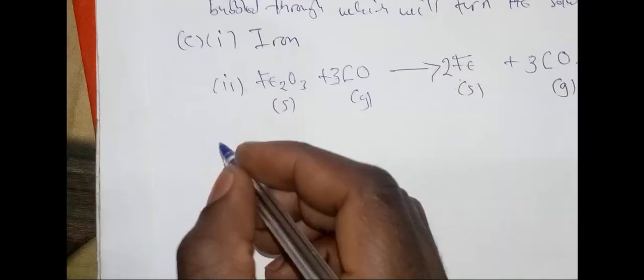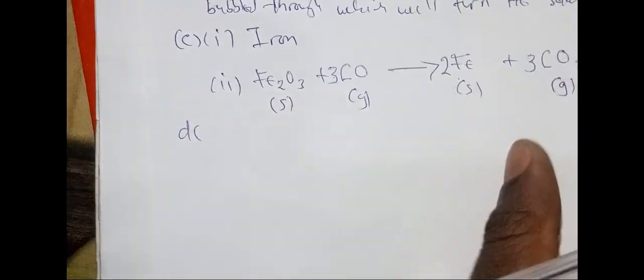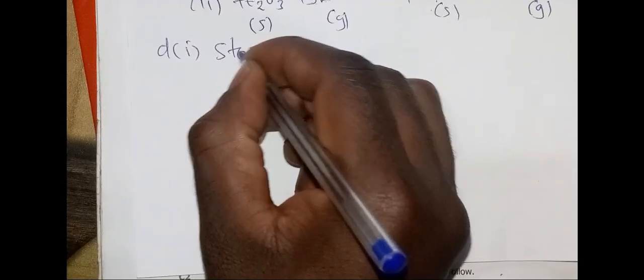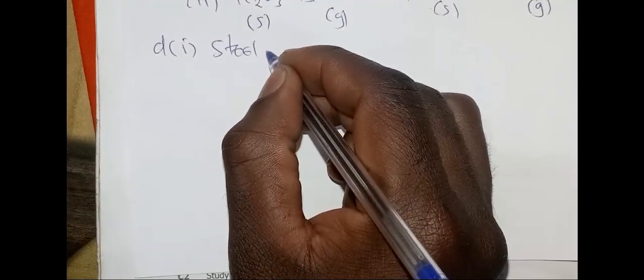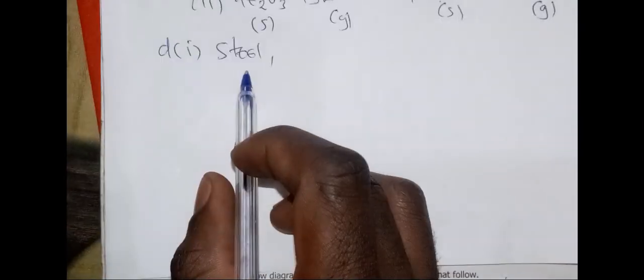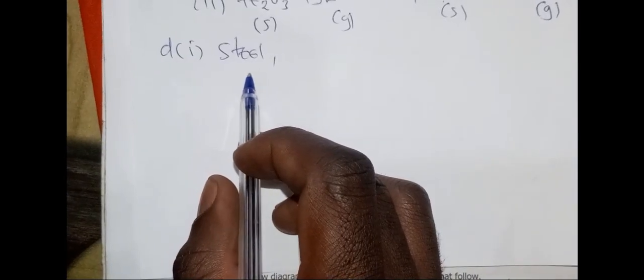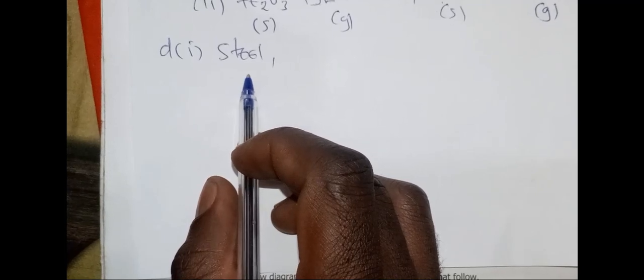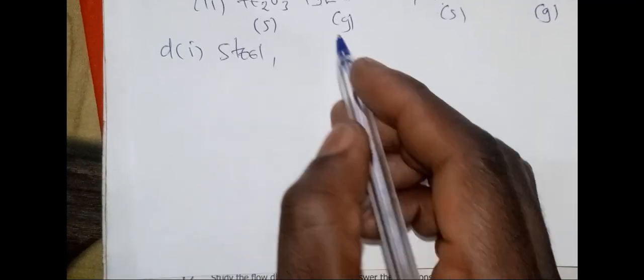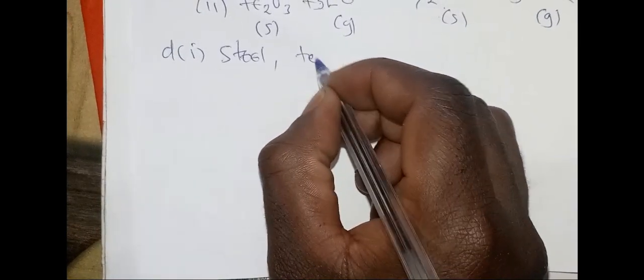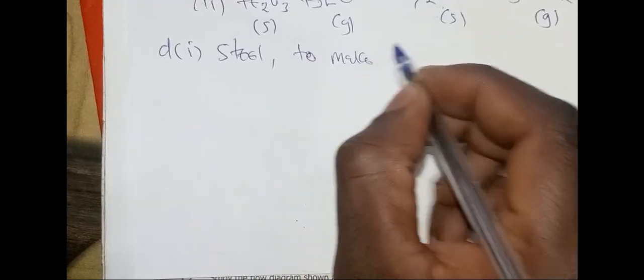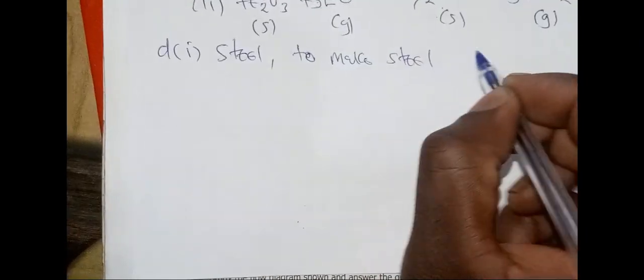So it is D1. So we say steel, comma steel. So how is the steel used? Steel is used to make steel nails. Yeah, so we say to make steel nails.